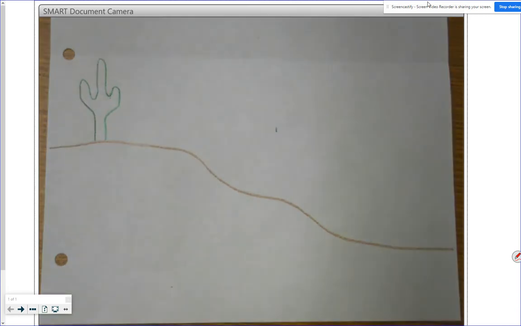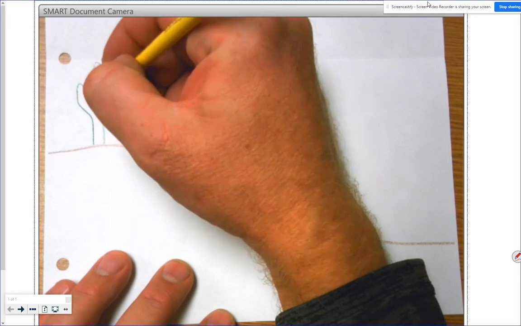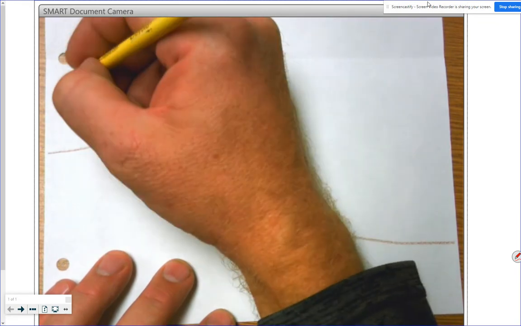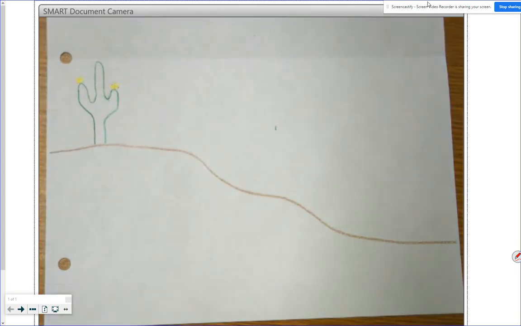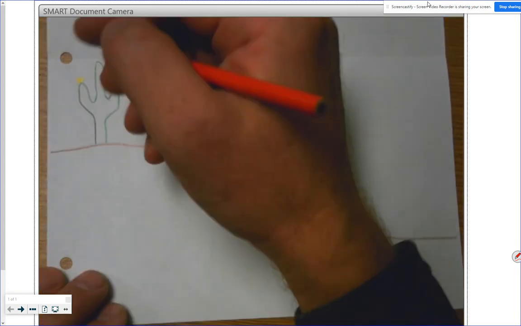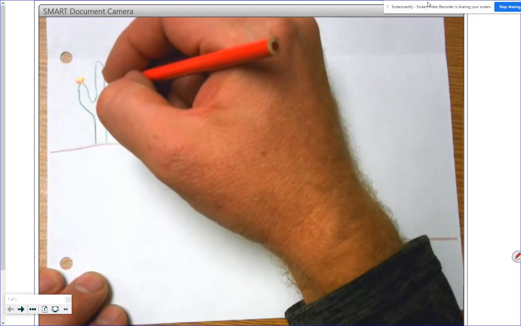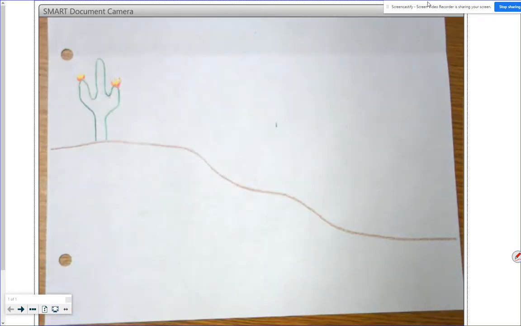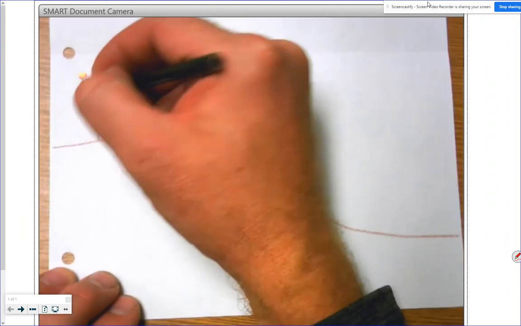Sometimes these cacti in the desert will have a little flower that blooms off the tip of the arm. This would be like a saguaro cactus. A really good spelling word, saguaro. There you go. I'm going to put a little flower right there. And to make it look all cactus-rific, we need to add some little spines.